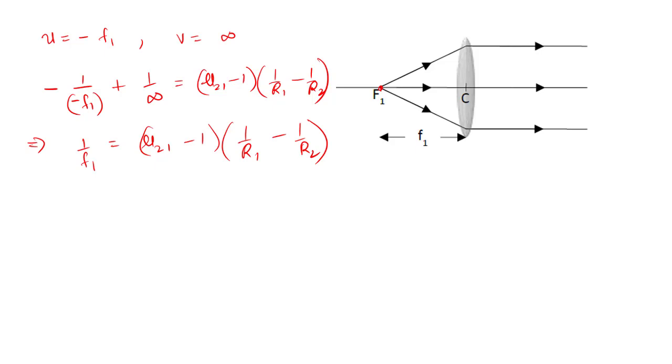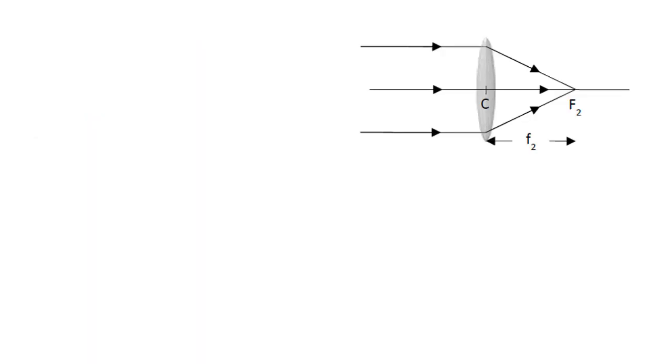And again, for the second principal focus. For the second principal focus, the ray comes from infinity, when the object is placed at minus infinity, and the final image is formed at the focus, since parallel rays converge to the focus. In this case, when u is minus infinity, v, the position of the image, is at the focus, so v is plus f2.